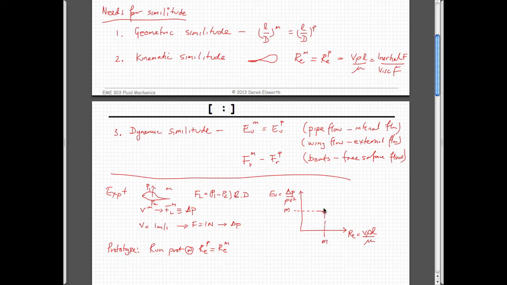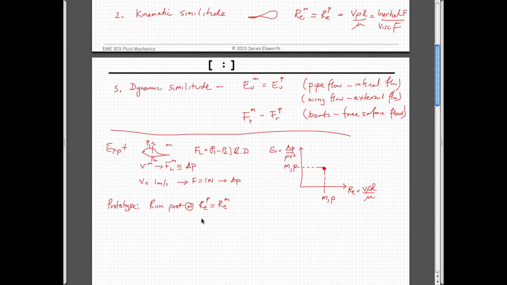In other words, if we know we're on this line, then since this was the behavior of our model at this particular Reynolds number, and we're going at the same Reynolds number, we'd expect the place we are on this graph to be exactly that same point, so this would be the value for the prototype as well. And so if we run it at the same Reynolds number, then we'd expect that the Euler number for the prototype is equal to the Euler number for the model.